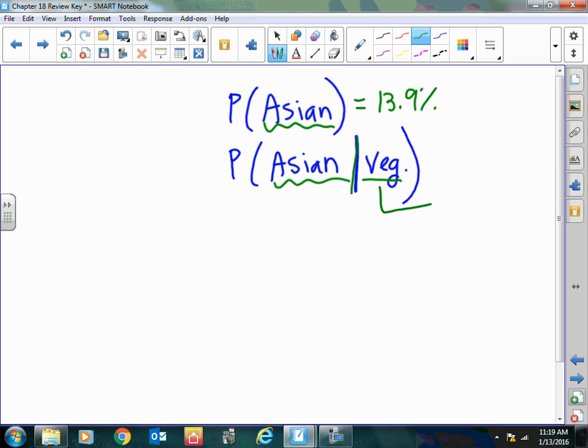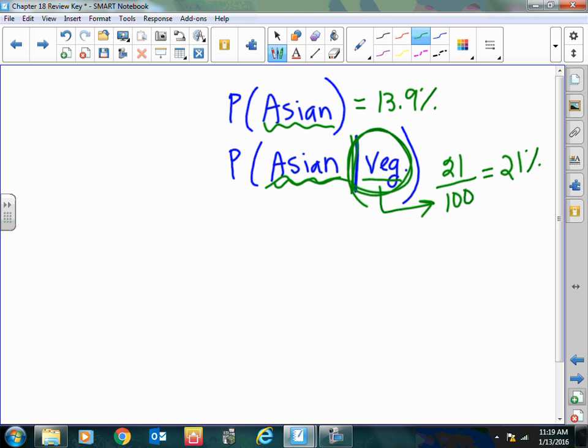But when I looked at just the vegetarians, there are 100 of them, 21 of which are Asian vegetarians, that was 21%. So, wow, given that you are a vegetarian has had an impact on the probability of you being an Asian.